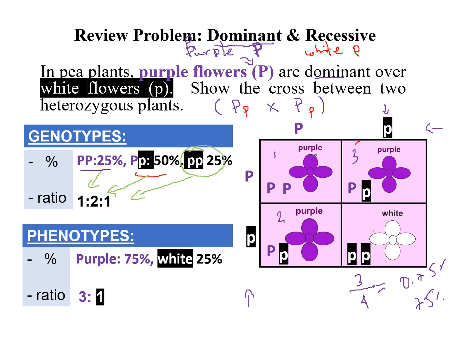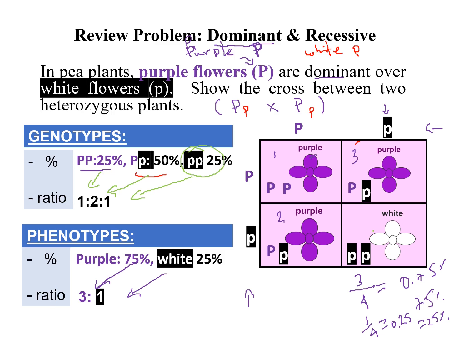While here you only have 1 out of 4, so this will be 0.25, so you get 25%. So very easy. This is how you get the ratio and the percentage. Now we're going to get the ratio. You just have to count here 1, 2, and 3, and here you just count 1. So this is how you get both ratios and percentages of genotypes and phenotypes.